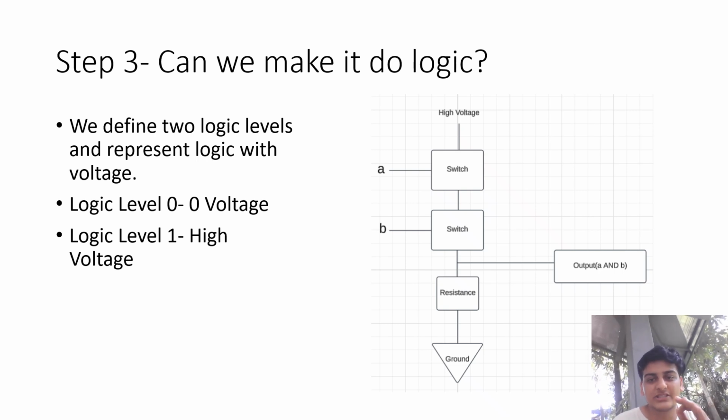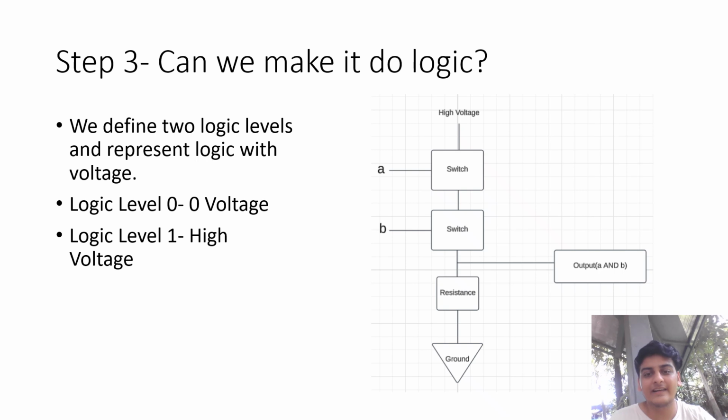So how these switches will behave is that when A is high voltage or logic level 1, this switch will be closed and current will flow. When B is high voltage, this switch will also close and current will continue to flow. Whichever one of them is low voltage, that becomes an open switch here and an open circuit, and it does not allow current to flow. So I just want you to be very clear on how exactly a switch works.